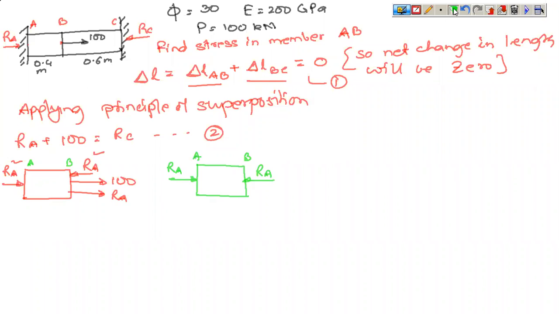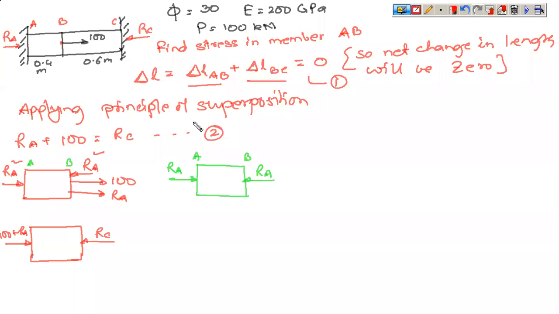What are you left with? You are left with 100 plus RA in this direction and RC in the other direction. Now you can see 100 plus RA and RC are the same. So this is automatically balanced.